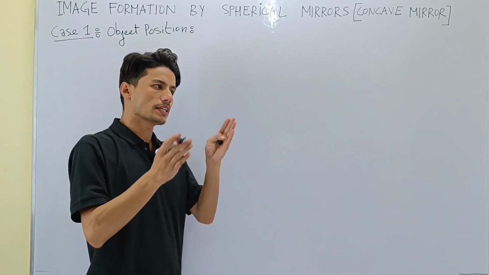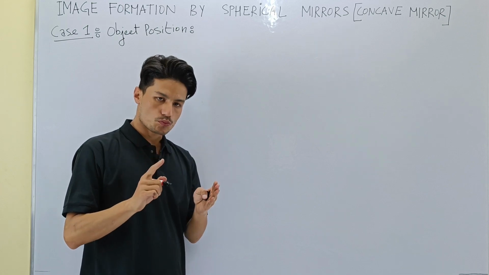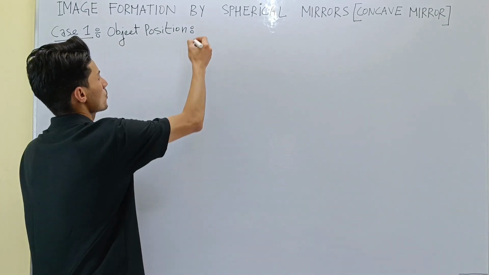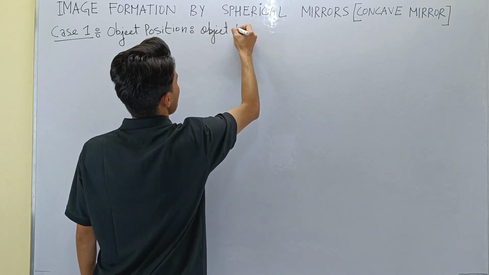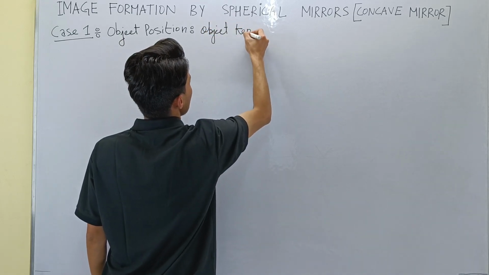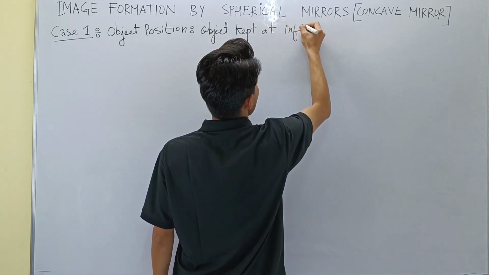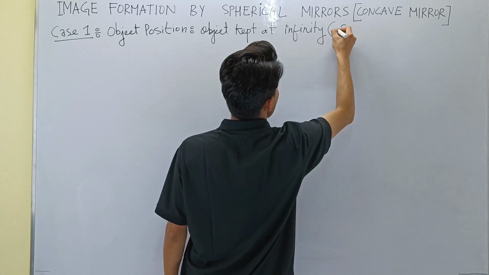Remember, in case 1, whether it is a concave mirror or a convex mirror, the object is always kept at infinity. So you write here: object at infinity. This is the object position. The symbol of infinity is like this.